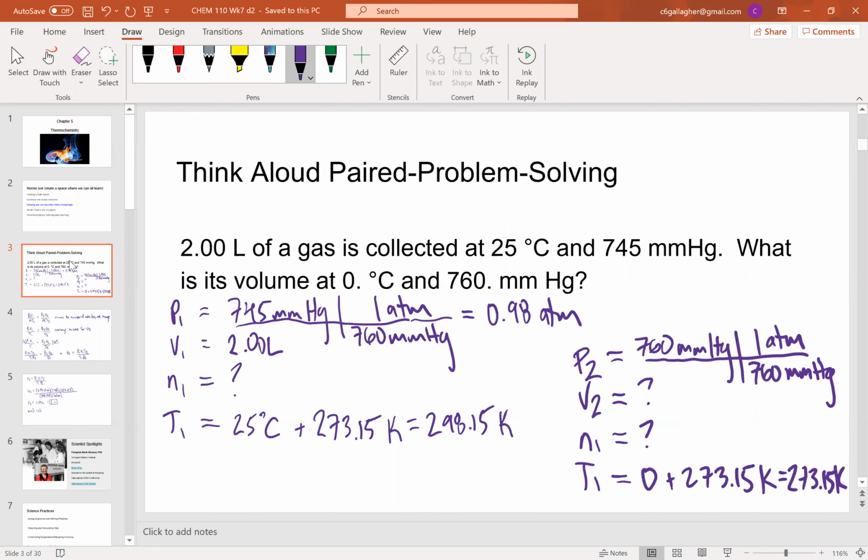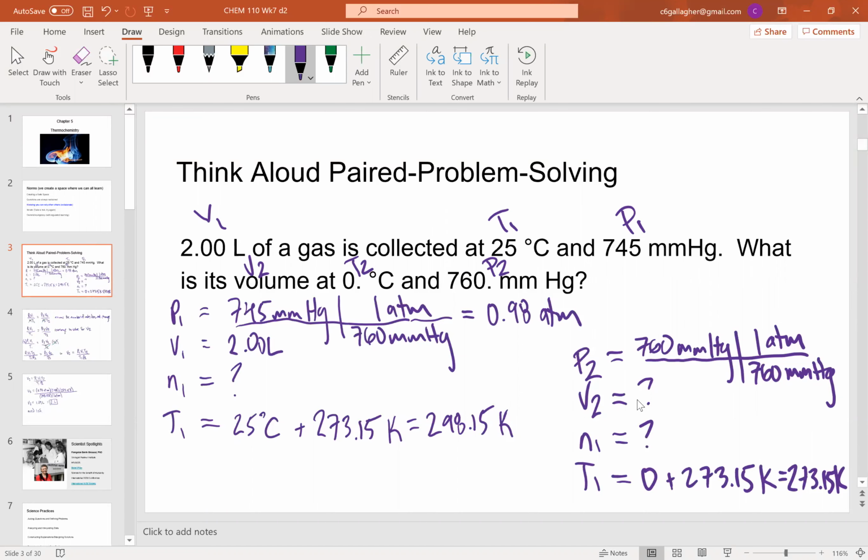So if we take a look at this, we have V1, we have T1, and we have P1, and then we have T2, and we have P2, and what they're asking for is V2.